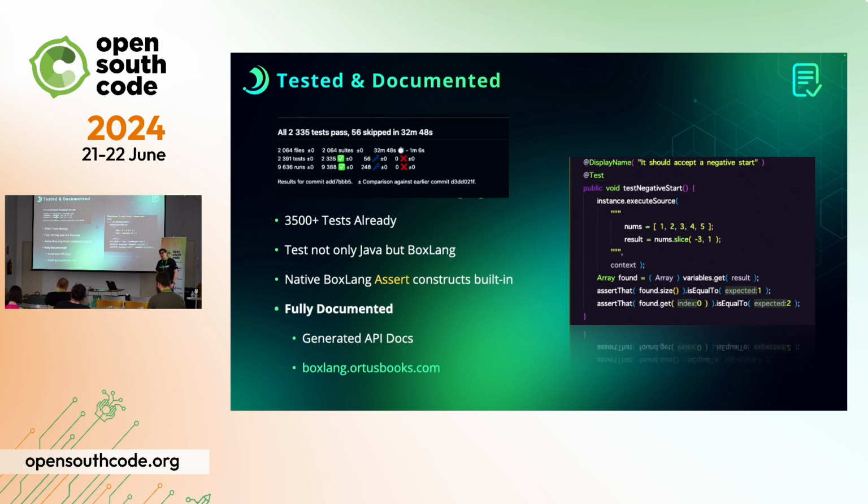We generate as much docs as we can. We've already written a book called boxlang.ortusbooks.com. You can go to it, and everything is documented, and everything will be even more added as when we go to stable. Okay? And we're also creating the book in Spanish, by the way. So right now it's all in English, but there will be a Spanish version available as well. Okay?